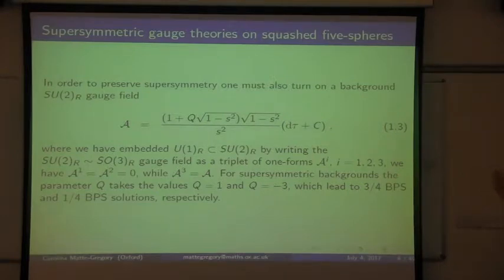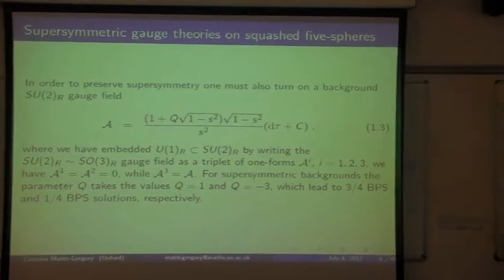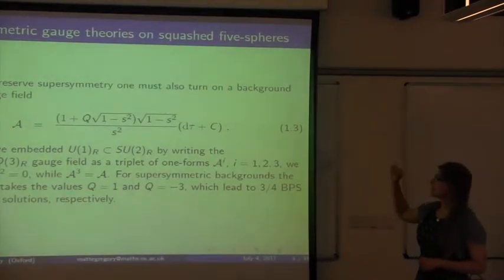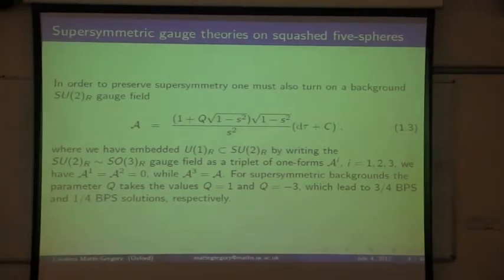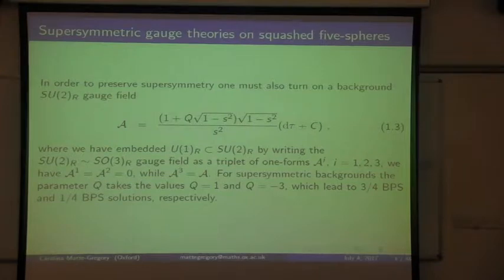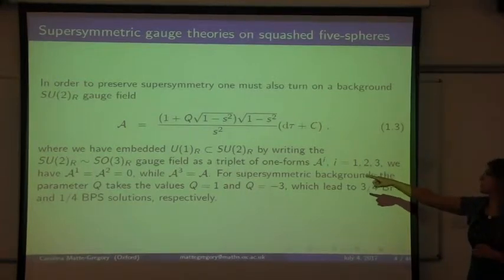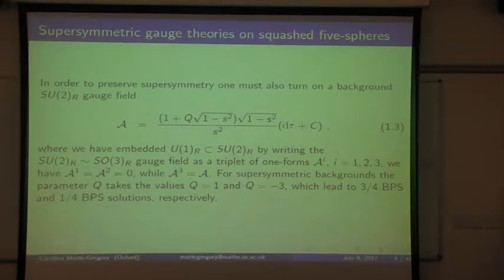Imamura worked with squashed 5-spheres, and I think it was part of the motivation for us to look at this. He showed that to be able to define supersymmetric gauge fields on squashed 5-spheres, you have to turn on your A field as well. This is an SU(2) gauge field, and it has to be in this form.